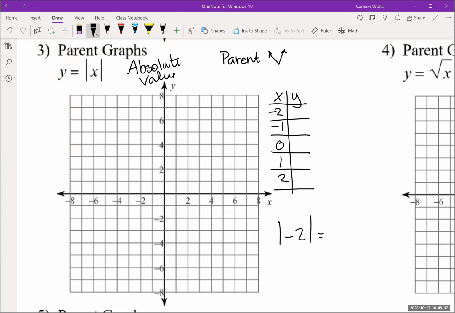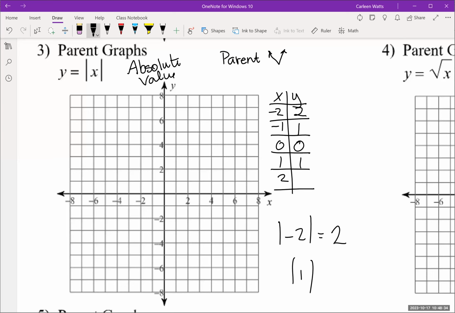Absolute value is always positive, so it's going to make it 2. Absolute value of -1 is 1. Absolute value of 0 is 0. Absolute value of 1 is +1. You just make it positive.